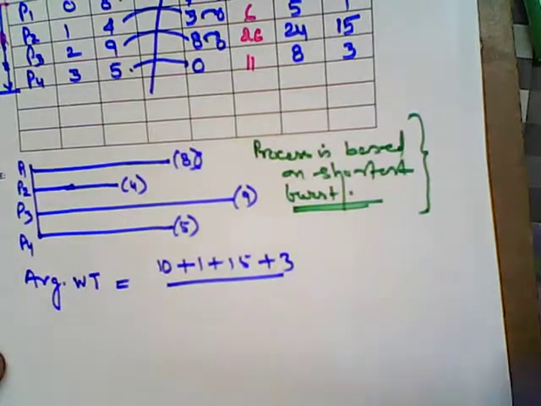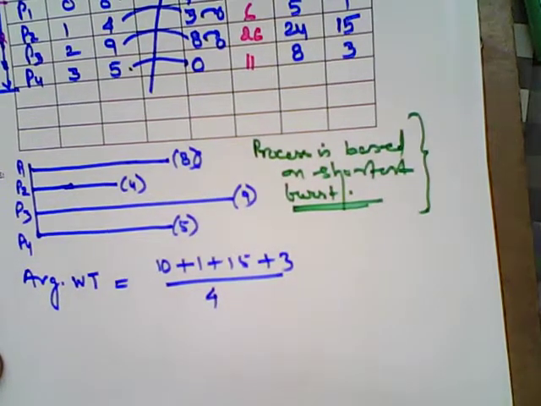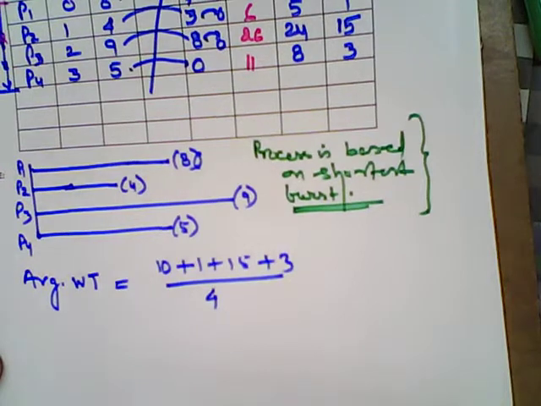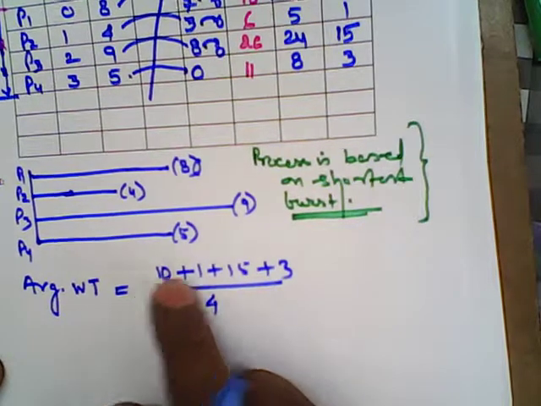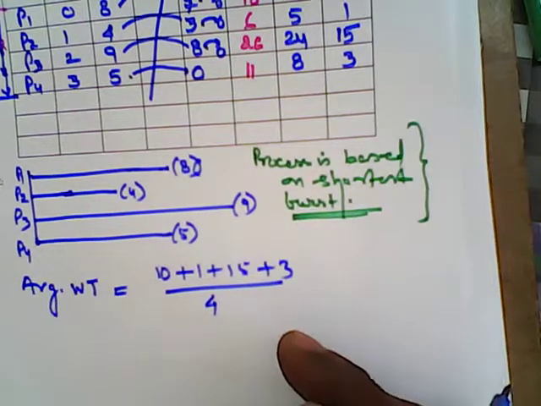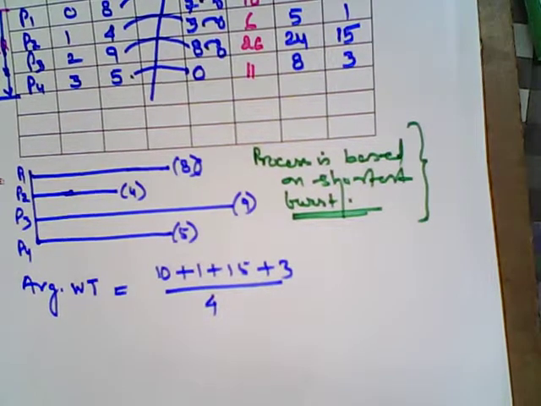So to compute for the 4 processes in this particular case, 10 plus 1 is 11, plus 15 is 26, 26 plus 3 is 29. 29 divided by 4 comes around 6.8.